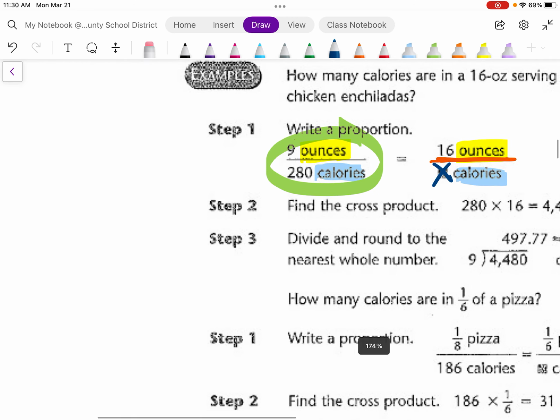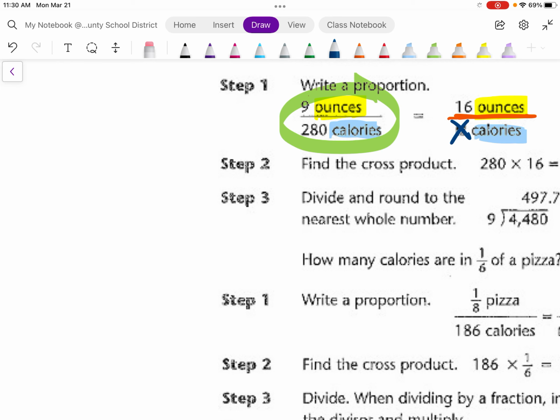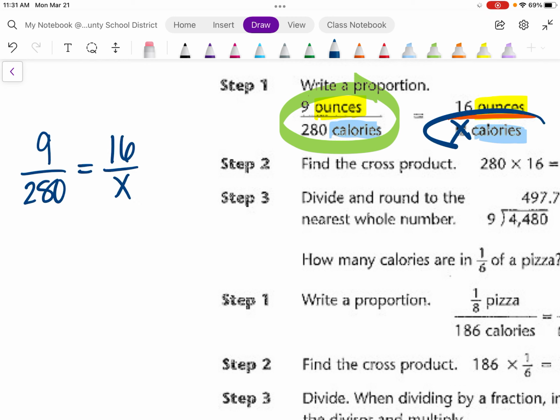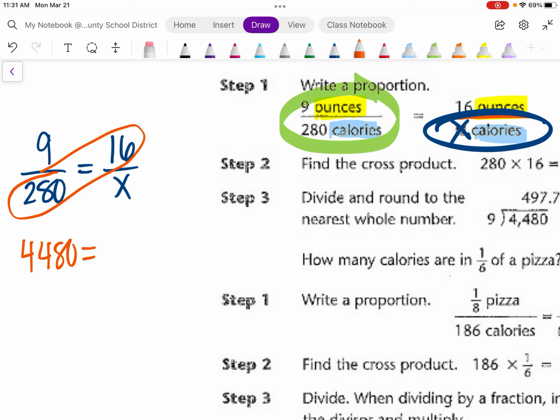So again, I'm going to go off to the side and show you how to do this. Ignoring the ounces and the calories for now, I'm just going to write 9 over 280 equals 16 over x. I know that my final answer is going to be calories, so just keep that in mind. But you're going to do this the same exact way. Multiply 280 times 16, and you get 4,480. And then you're going to multiply 9 times x.